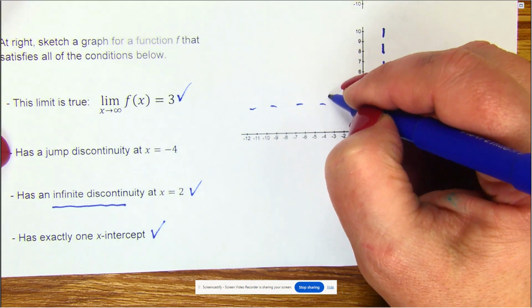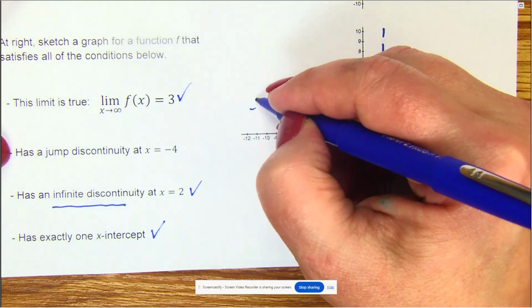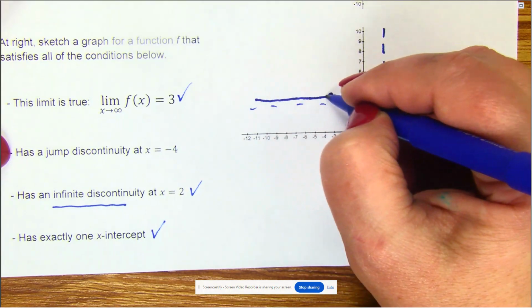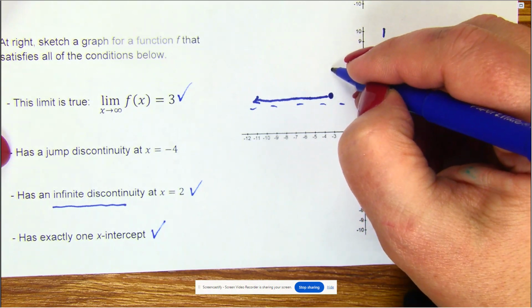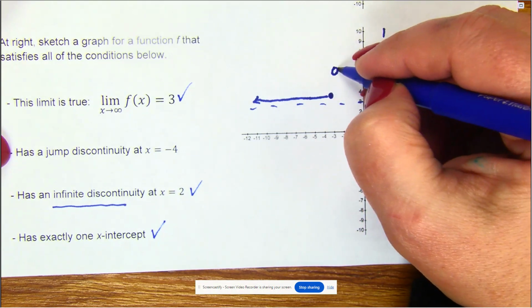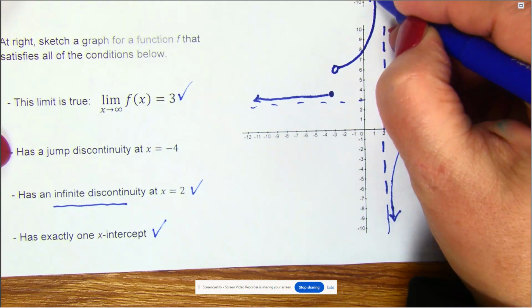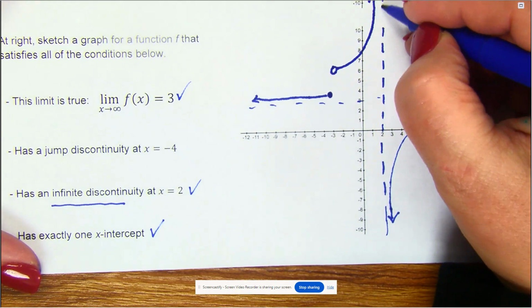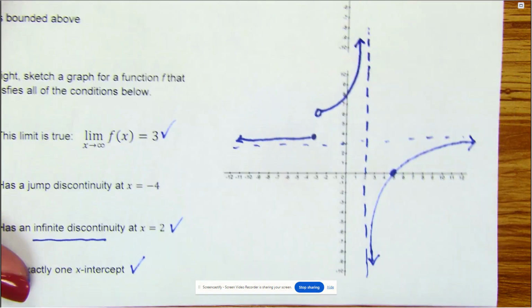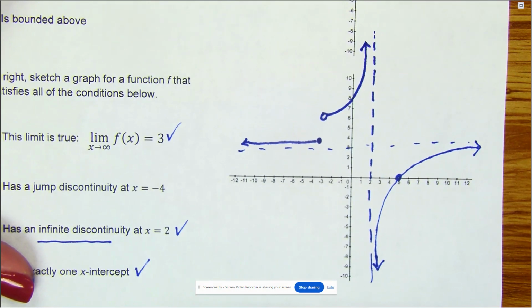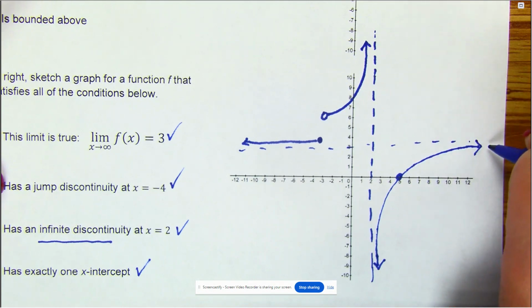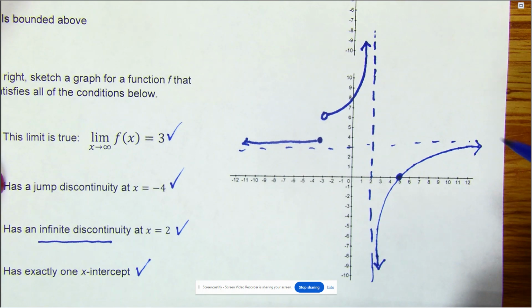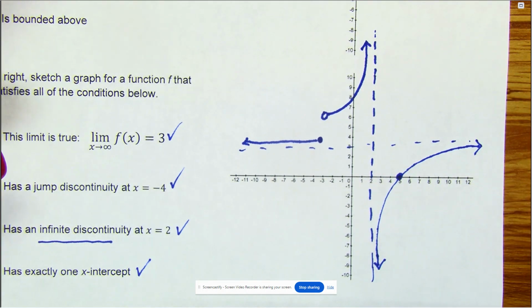I will do something like this, and then something like that. All right, many possible answers, but there's my jump discontinuity. Limit as I approach infinity is 3, 1 x-intercept, infinite discontinuity at x equals 3.